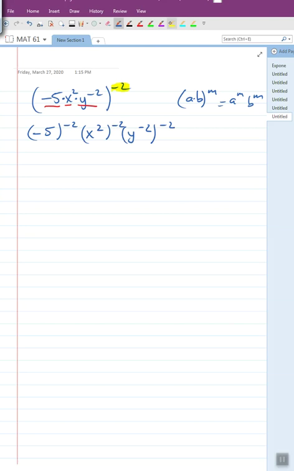So what I'm doing there is raising this guy to the negative 2, and this one to the negative 2, and also this one to the negative 2, which is exactly what this rule says. It says raise this to your power, and then raise this also to your power. It's just that in my problem I have 3 things instead of 2 things. Is that okay so far?